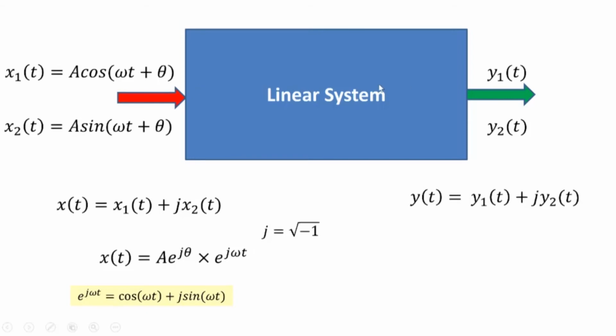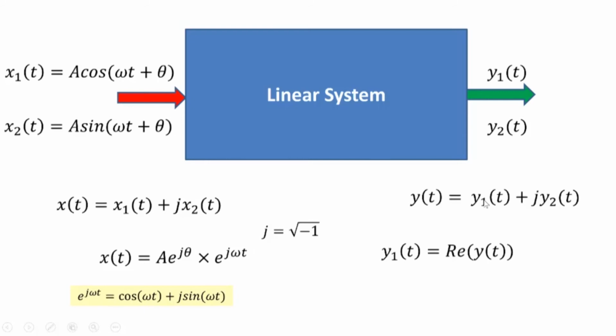Suppose it were easier to apply x(t) like this and find y(t). Then what will be y1? Well, y1 will be the real part of y(t). Note that in the relationship y(t) equal to y1(t) plus j times y2(t), j is the imaginary quantity, so the real part of y(t) will be nothing but y1(t).